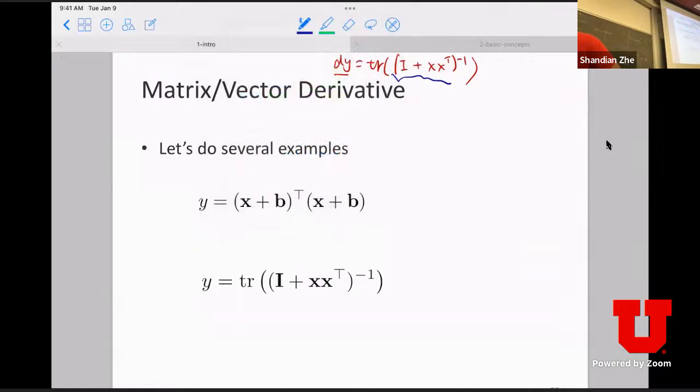Let us denote it as S. So dy equals d, so put d here, trace S. Let us look at our dictionary to see how we apply the derivative over some trace function.